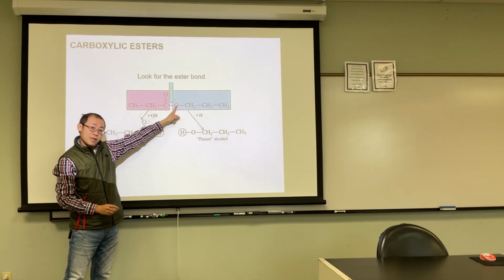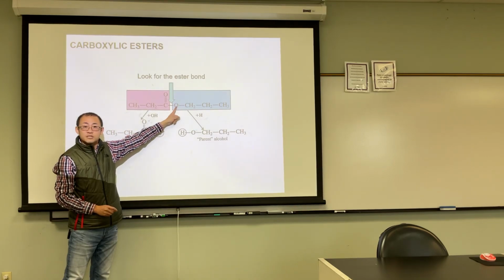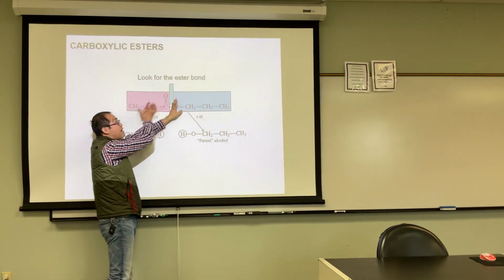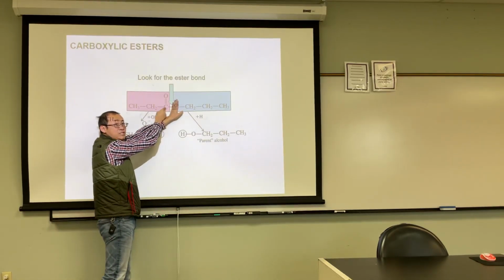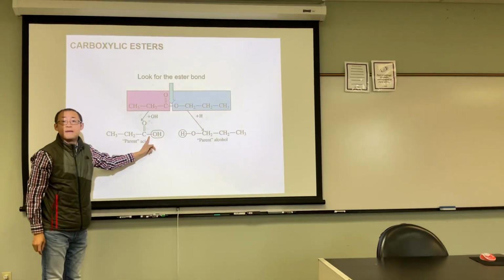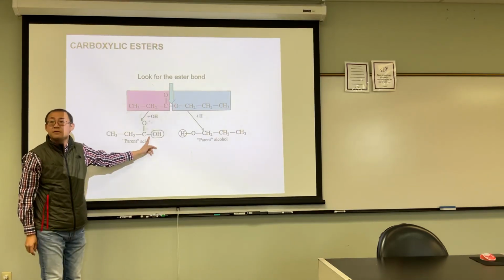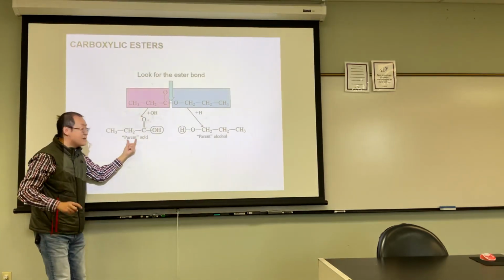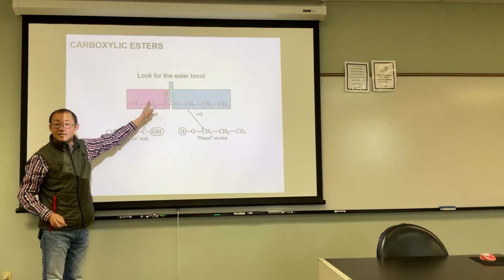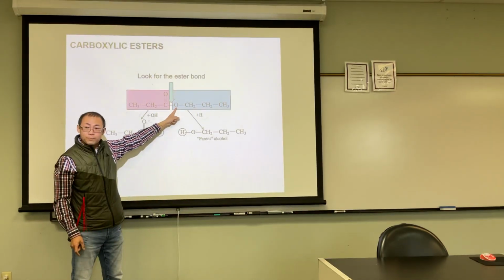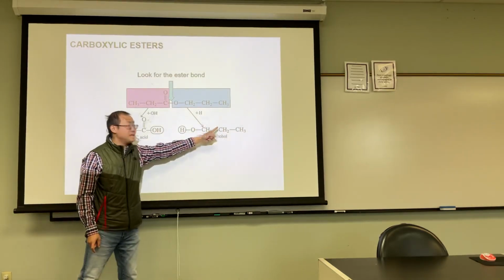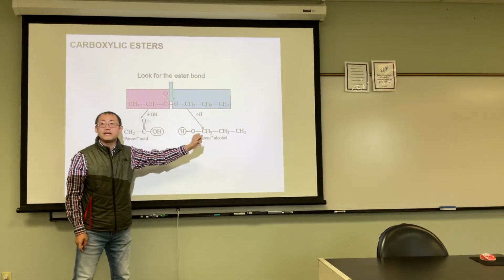And removed the H from the alcohol. So after you identify this part is from the acid, if you just put an OH back on the C, you get what we call the parent acid for this ester. And the same, you put an H back on the O, you get the parent alcohol for the ester.